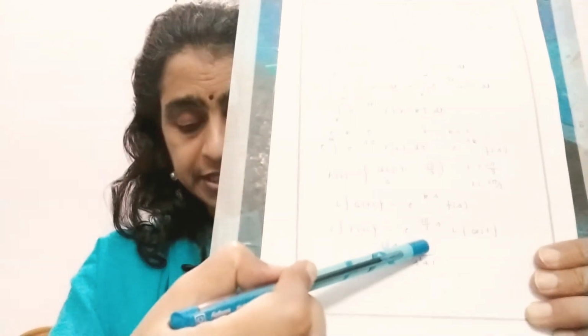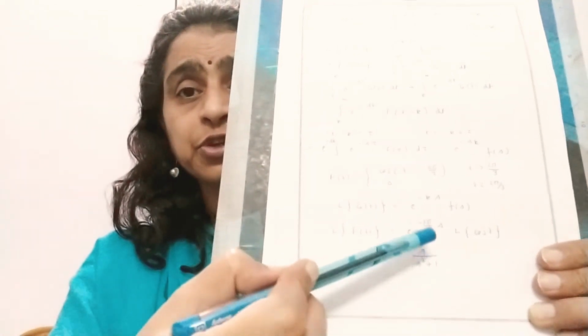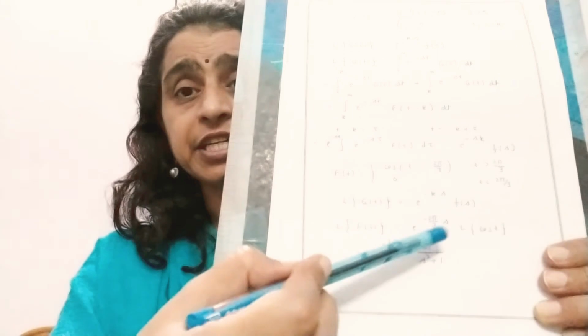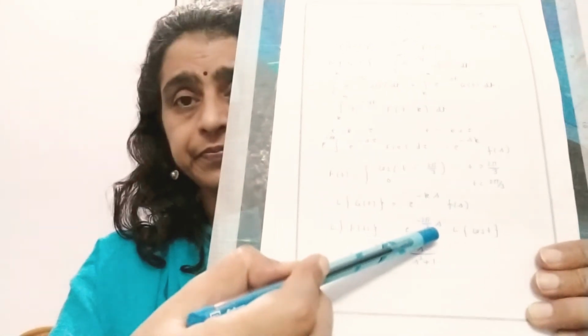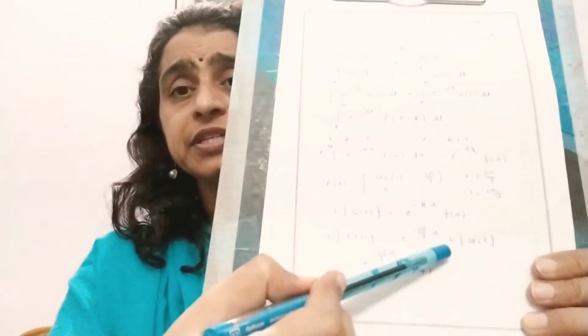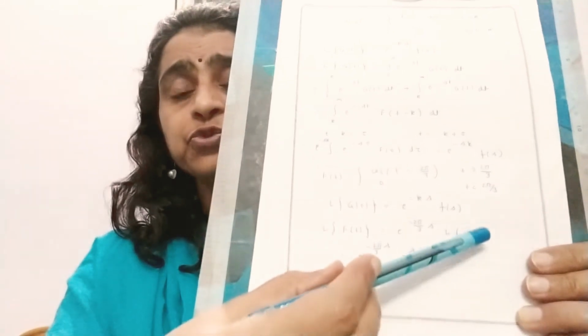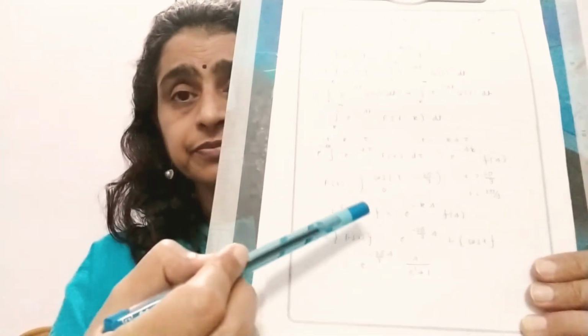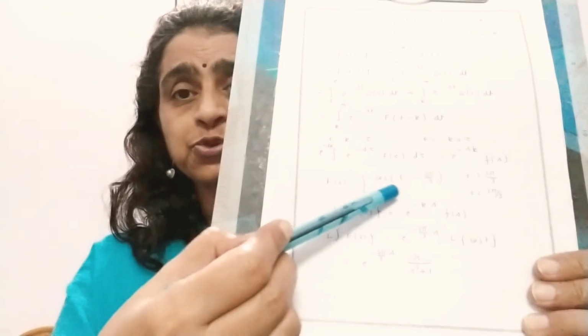So this will be exponential of minus 2 pi by 3 into s, and the rest will be L of cos t, because here it is cos.